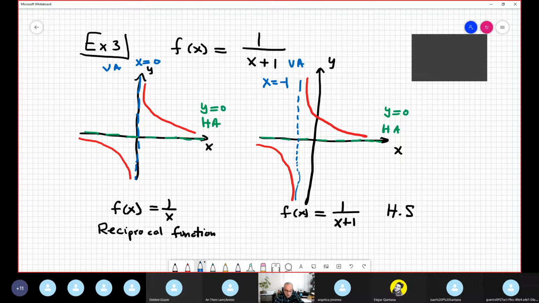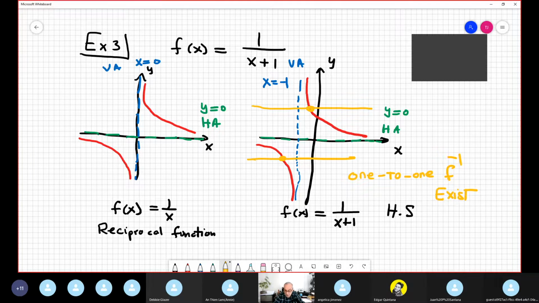Okay. I understand, Professor. However, is it 1-to-1 or no? Yes, apply immediately the horizontal line test. Let's do it. This is the horizontal line test, yellow line, crossing only one point. So it is 1-to-1. Therefore, the inverse function exists. I guess so.